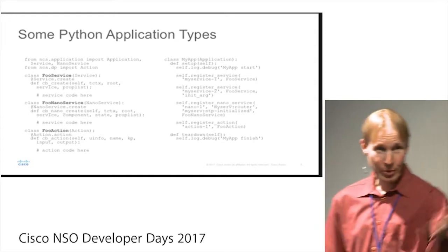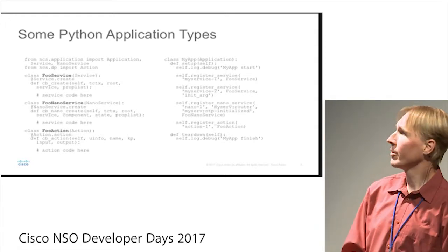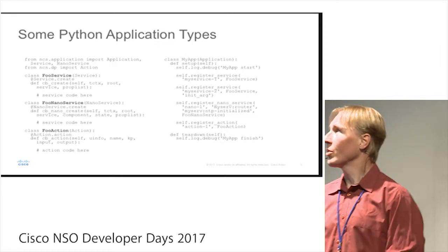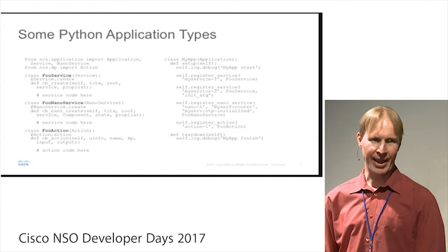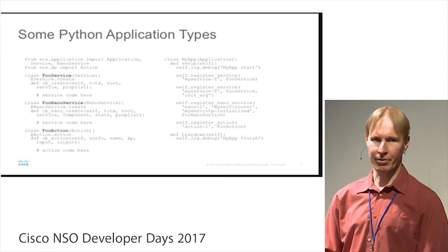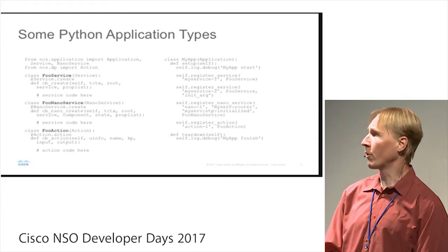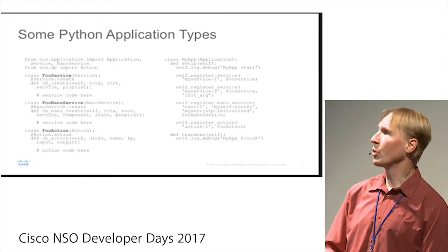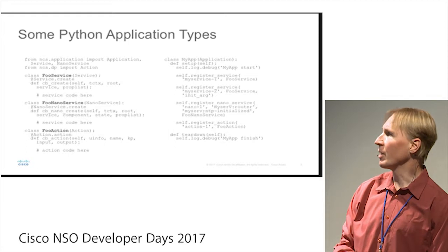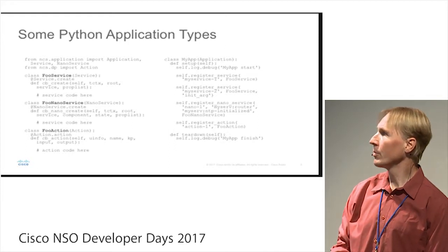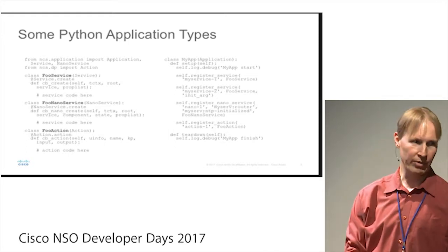Now, if you're from the back rows, you can move forward if you want to read this. If you look at how this looks in Python, we have a number of different base classes for different Python type of applications. So you have a service or nano-service or action, and so you inherit from these base classes and implement something with the same call signature to implement a service of this kind.